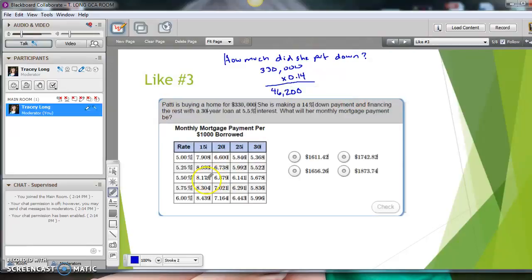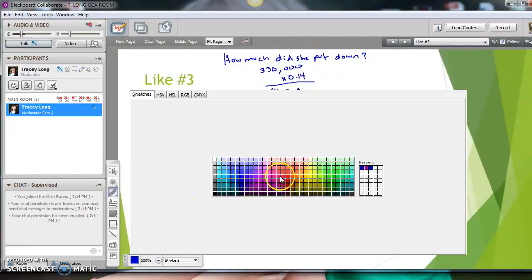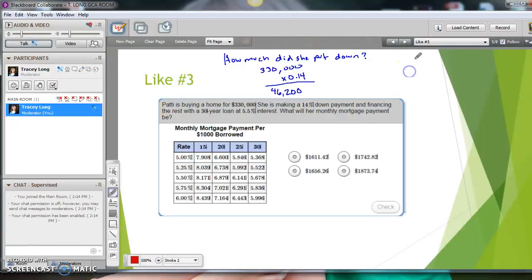So now I can find the loan amount, or in other words, how much she borrowed. I'm going to take the price of the house, which was $330,000, and subtract her down payment, which is $46,200, because we know she only needs a loan for the part she's not paying.